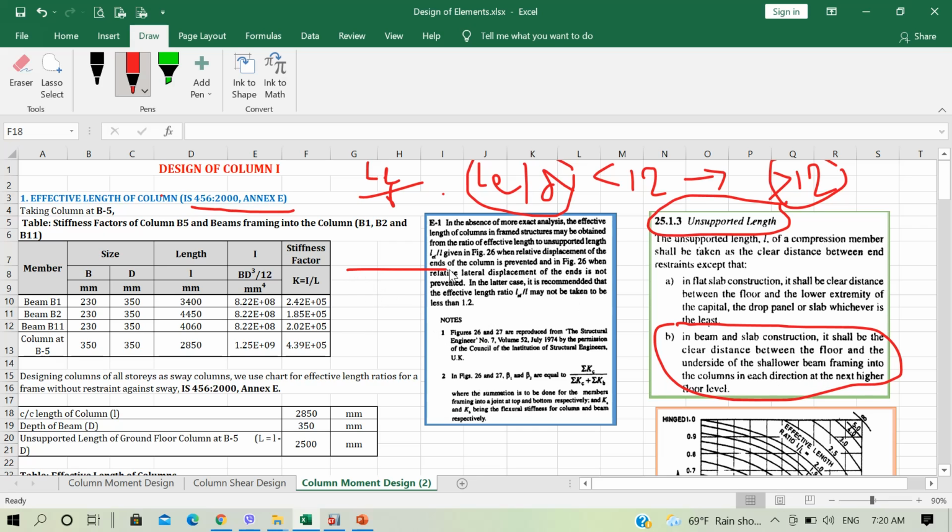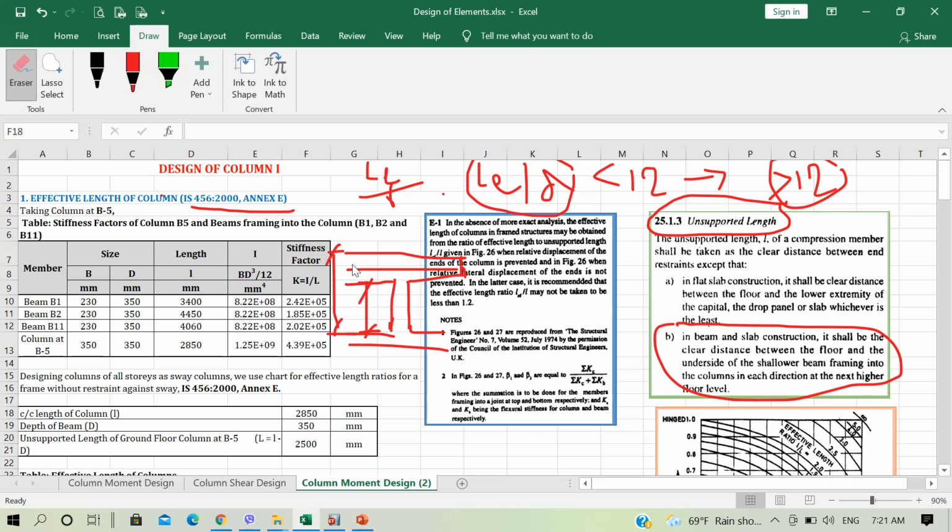So if this is our underside of the beam and we have column here, suppose this is our slab, this is our beam, and this is our column, this is the lower floor level. So we have that our floor to floor height is 2850, but our unsupported length will be from here to here.